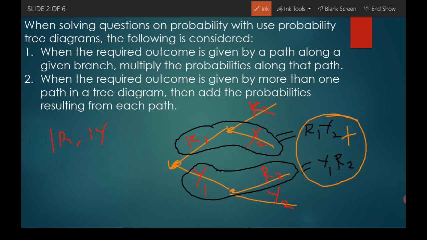That is what the second point here is saying: when a required outcome is given by more than one path in a tree diagram, then we add the probabilities resulting from each of the paths. That is what we do.